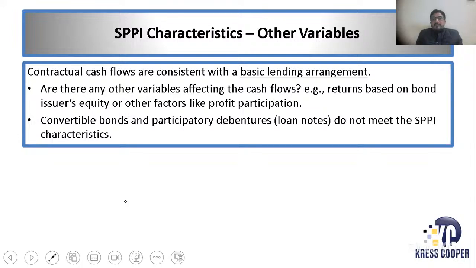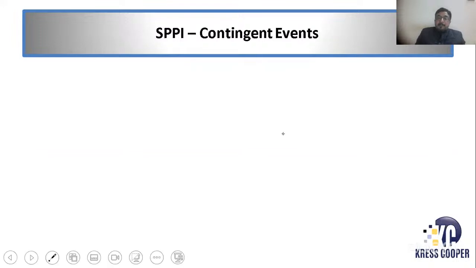What are those? Those would be participating in the profit or in the net assets of the entity. So if the bond or debenture is participating in the net assets of the entity or will be receiving a percentage out of the profits, it means it is not the characteristic of SPPI. And convertible bonds and participatory debentures do not meet the SPPI characteristics, by the way.